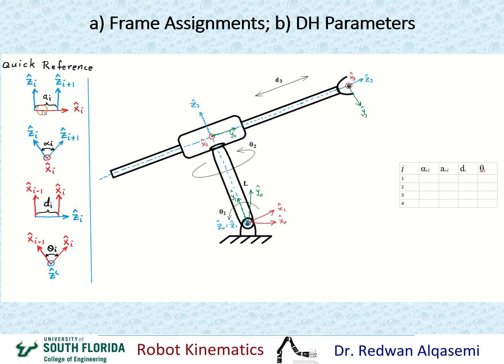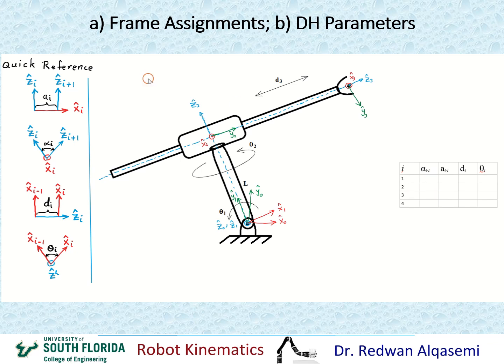So if I'm looking at alpha 0, I should be looking at z0 and z1 about x0. So x0 here, and z0 is out of the board. z1 is also out of the board. They both are identical, so that makes the angle between them 0. So that would be 0 right here.